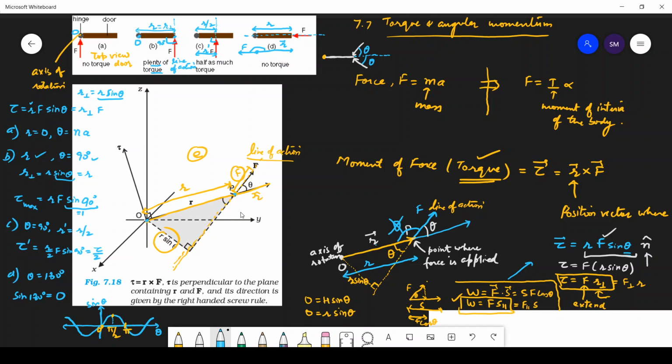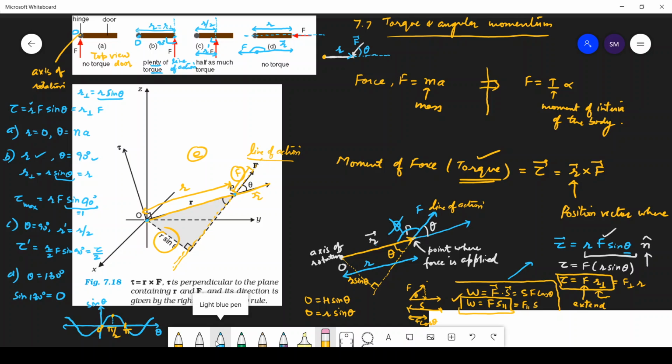Okay, so in both the cases, see, this is your R and this is your F, right? So these are two cases actually. Okay, so let us take these two cases differently. Okay, let us take this case first.